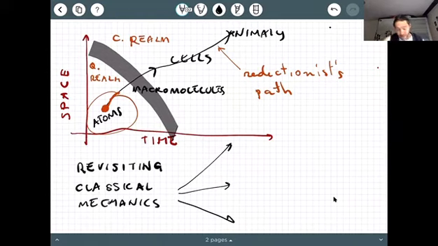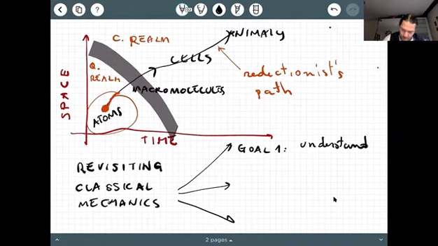First of all, because we want to understand, so goal number one, understand where it fails.